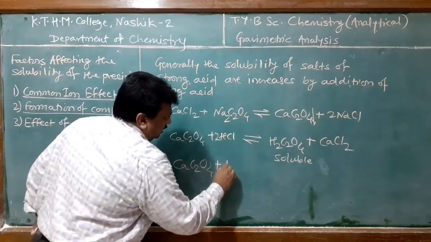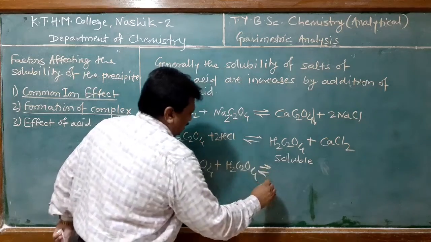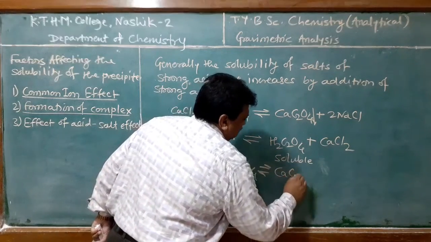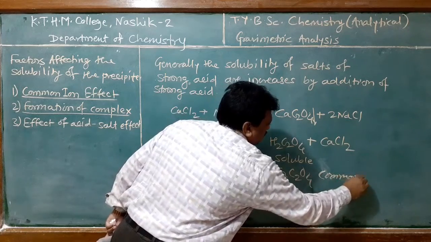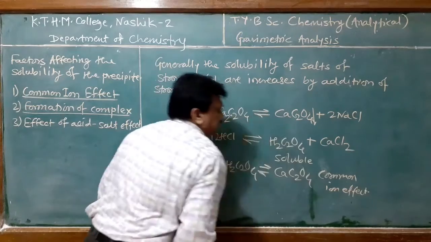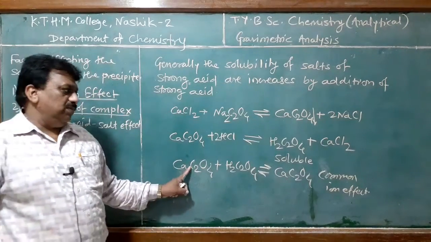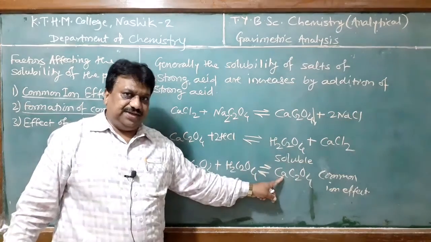Calcium oxalate plus H2C2O4 gives insoluble calcium oxalate because of the common ion effect. Therefore, the solubility of a sparingly soluble electrolyte decreases by using the common ion effect.